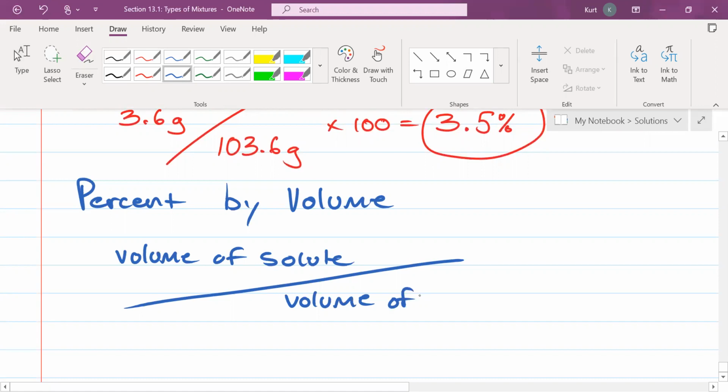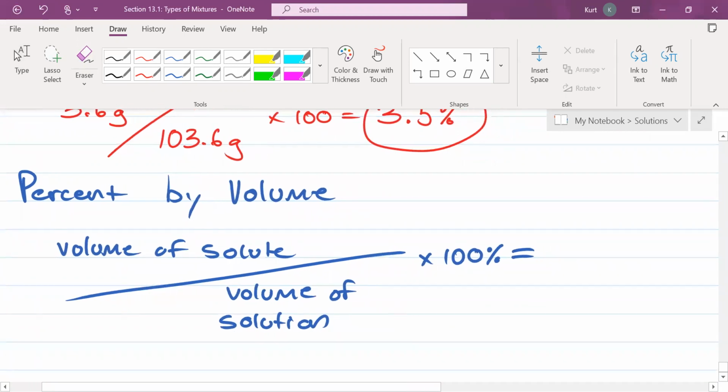Solvent or solution? Solution. You gotta watch that. I think that's where some of you will make that mistake. You'll do solvent, not solution. You have to do the part divided by the whole, times 100. Yes, David. Or would we still convert to Kelvin? This is volume. Kelvin is temperature.